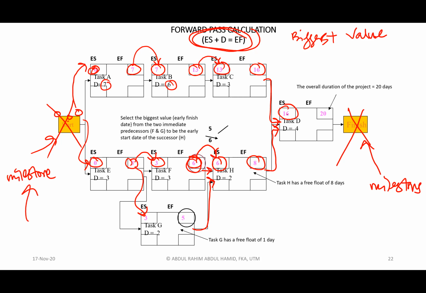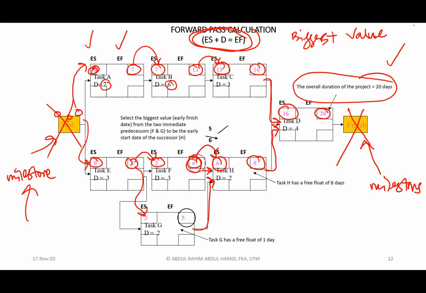So 16 is there, 16 plus 4 equivalent to 20. And you notice that this is what we call the overall project duration. When you do the forward pass calculation, for sure, you will identify early start and early finish, and then the overall project duration plus the free float.